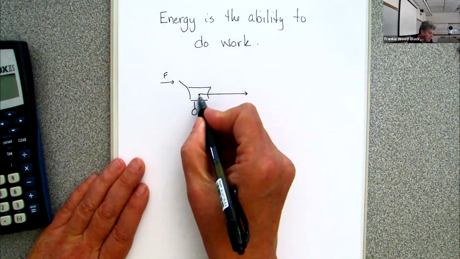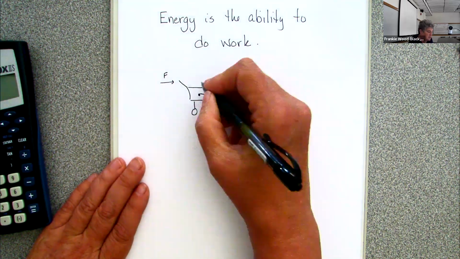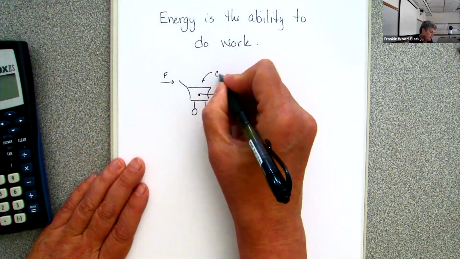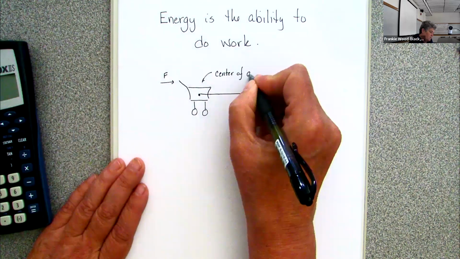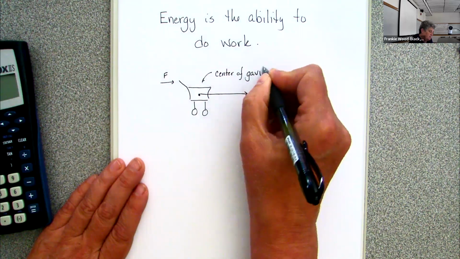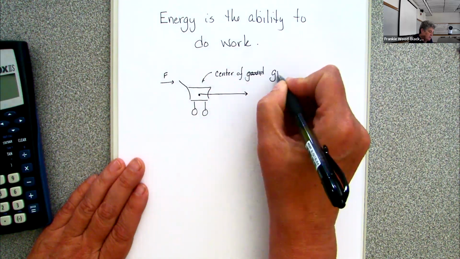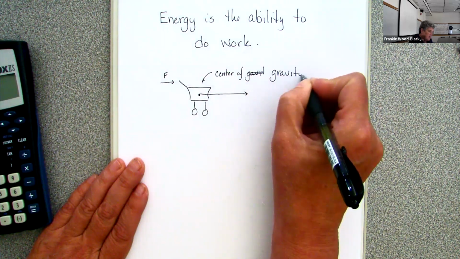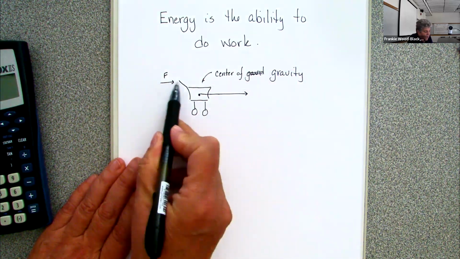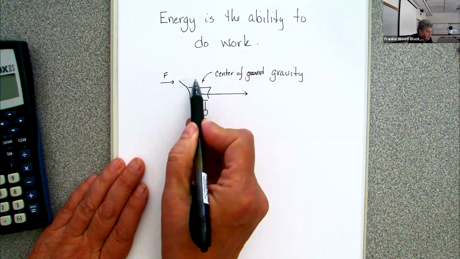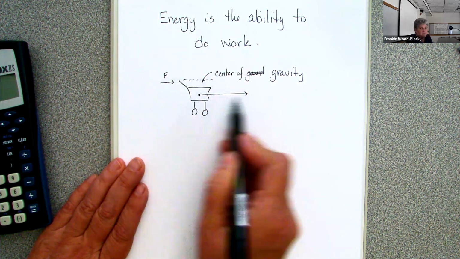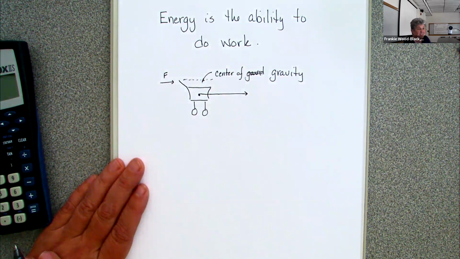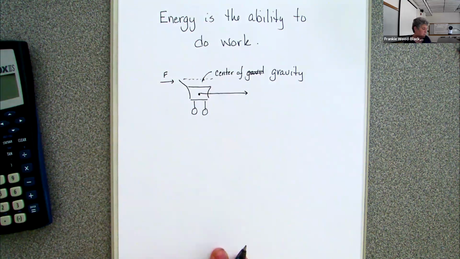But we also know that I have a thing called the center of gravity, which we've talked a little bit about. And if I'm applying a force up here, I get this weirdness happening down there, and I'm not getting the best bang for my buck.